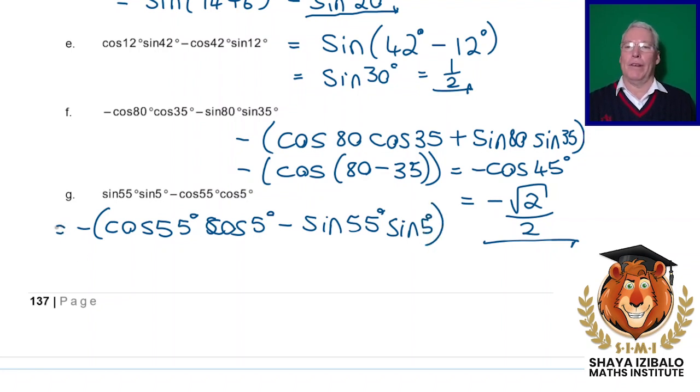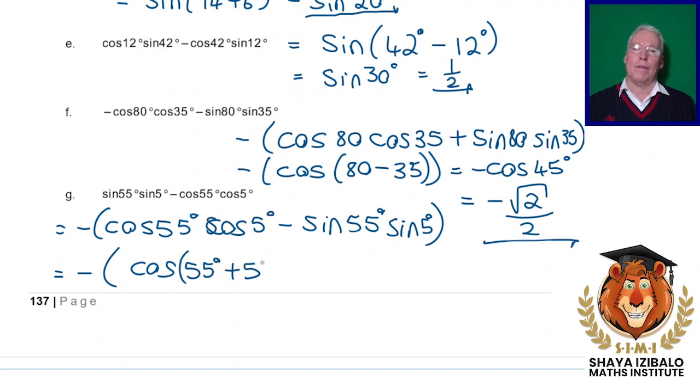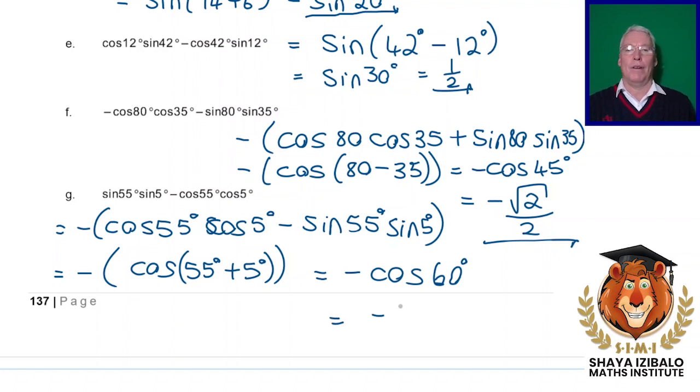And so it's going to be the negative, now this is cos, and remember cos the sign changes, so this is going to be cos of 55 plus 5. So we're actually going to get negative cos of 60 degrees. And that's a special angle, cos of 60 is a half. Final answer, negative a half.